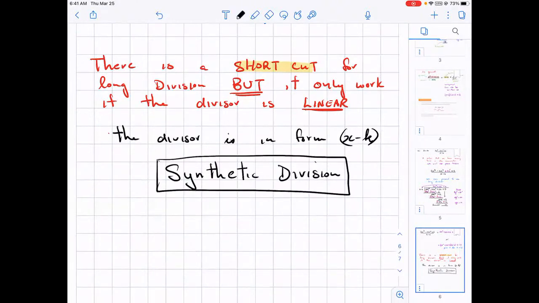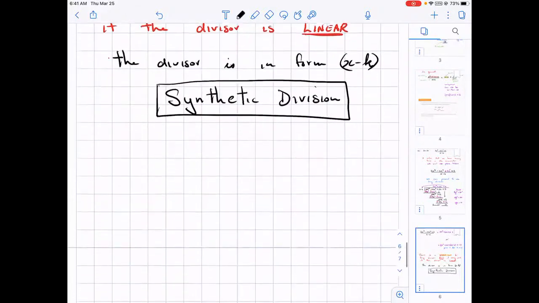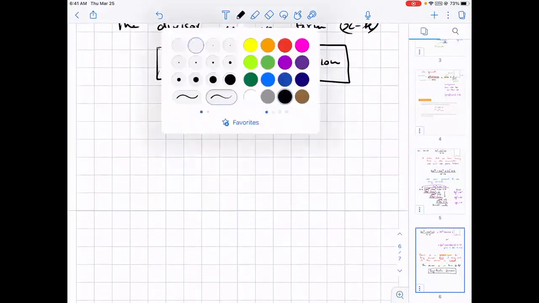So in synthetic division, what we do is just use the coefficients of the polynomial. Let's look at this.